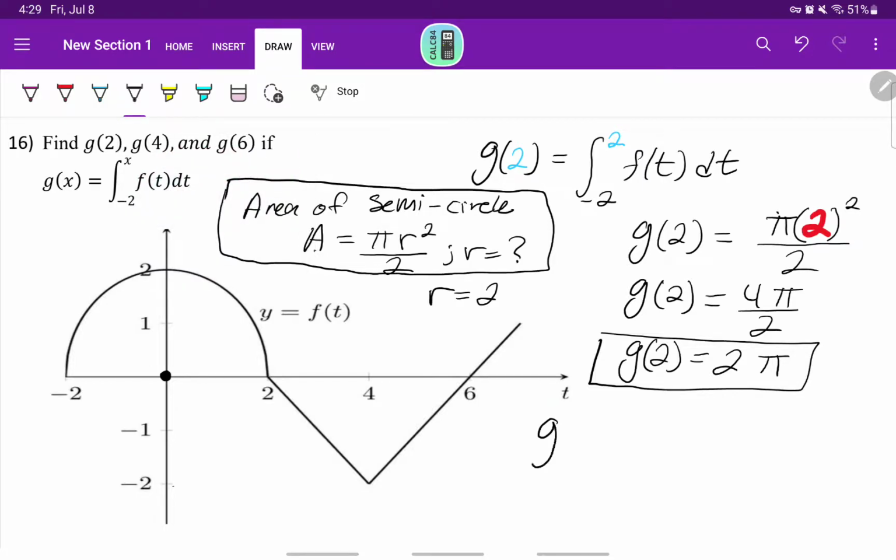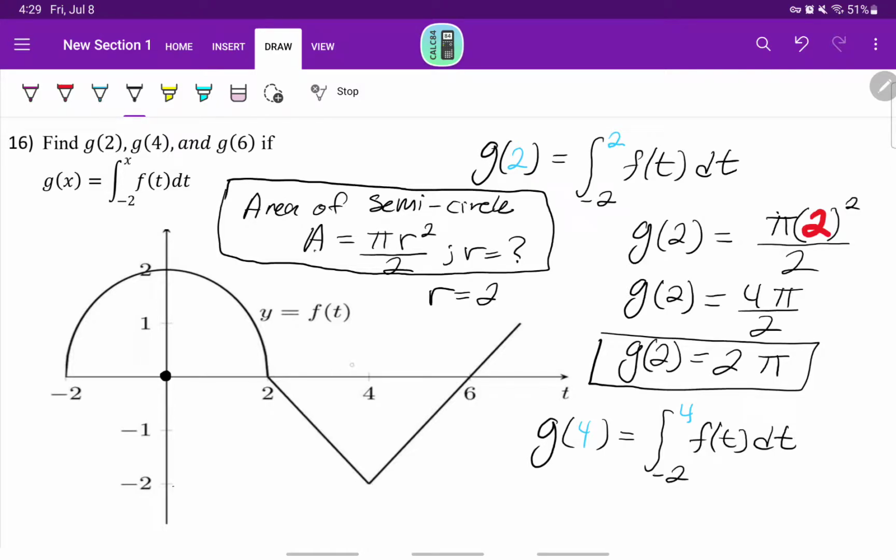So for g of 4, the x value is 4. So wherever I see an x, I'm going to plug in 4. So it's going to be the integral from -2 to +4 of f of t dt.